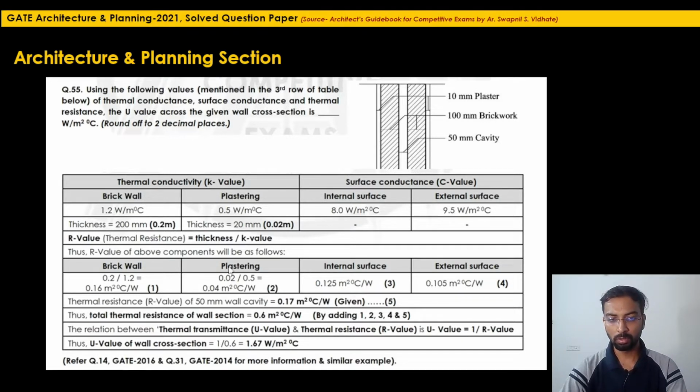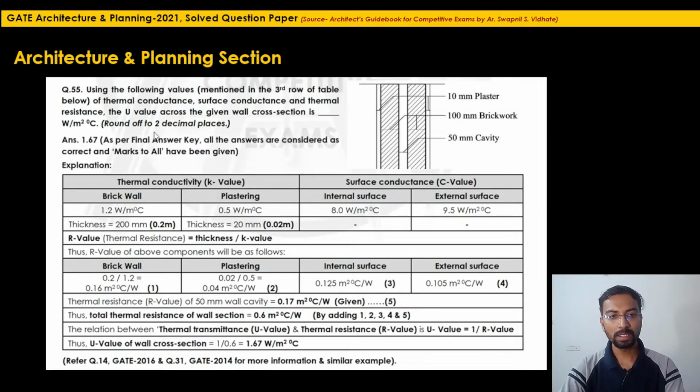So solving this particular question was not a difficult task if the candidate has practiced question number 31 multiple times, because more or less it was based on similar lines and similar calculations needed to solve this question 55 of GATE 2021. As I said earlier, there was a grammatical mistake from GATE side, so they have considered all answers as correct and marks to all have been awarded.